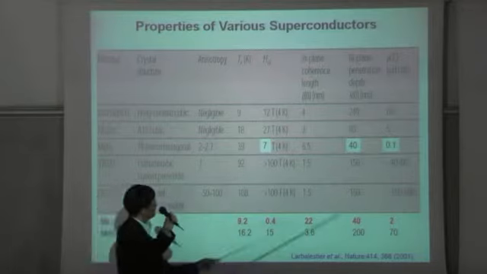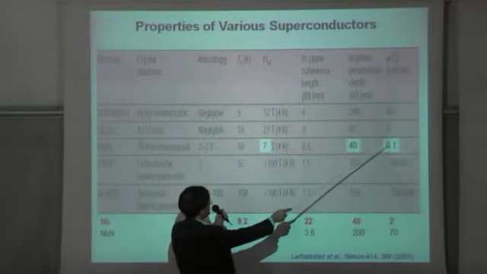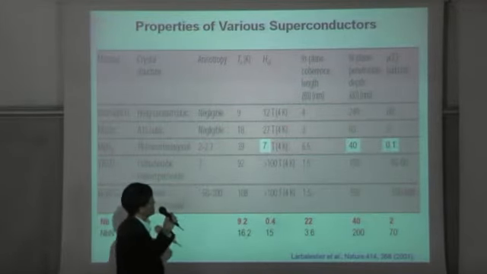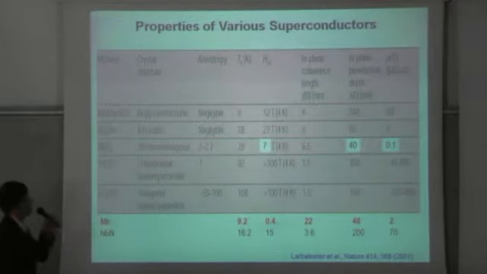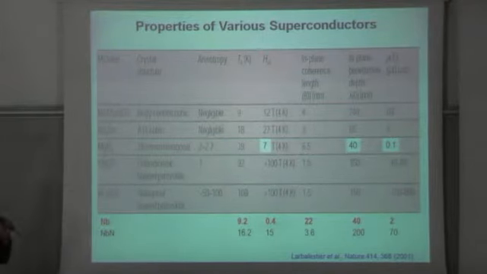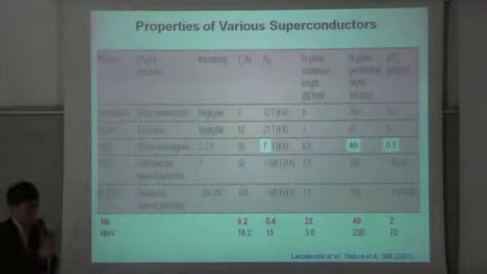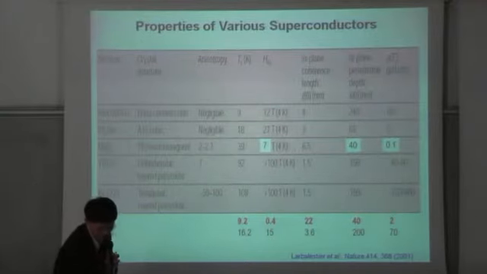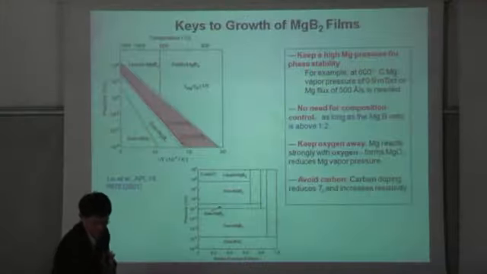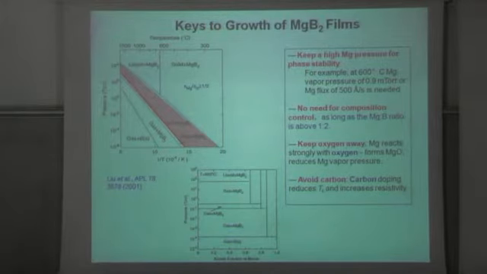And the other advantage, as I mentioned, is the residual resistivity, which is the lowest among all these superconductors that could be considered for RF applications. So magnesium diboride is interesting, and we can also fabricate high quality thin films.